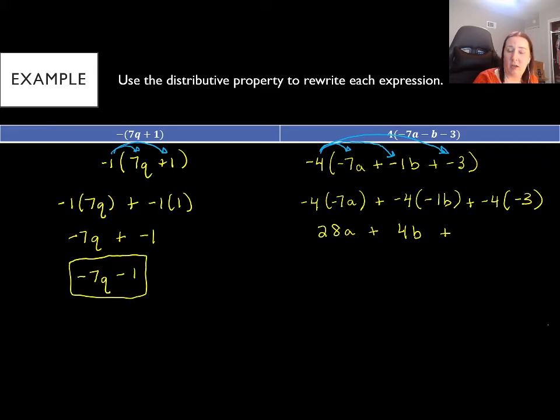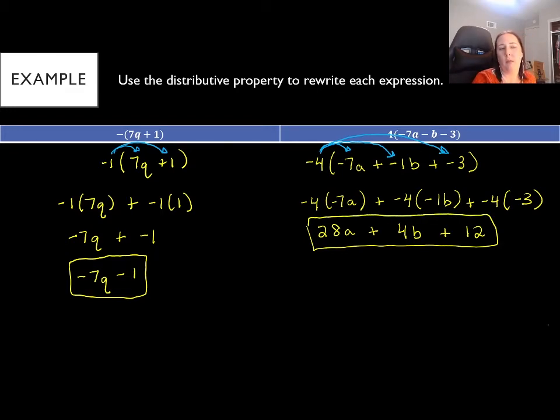Then we have a negative 4 times a negative 3, and that gives us positive 12. We can't combine anything because we don't have any matching variables. We have things without variables. We don't have to rewrite any adding negatives because everything came out to be positive here. So our answer is 28a plus 4b plus 12.